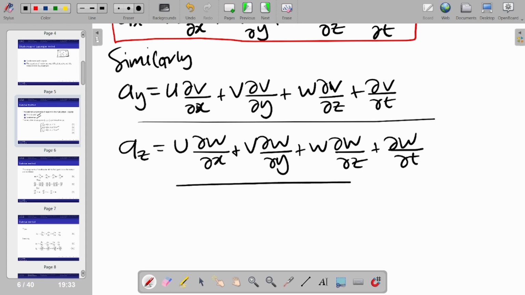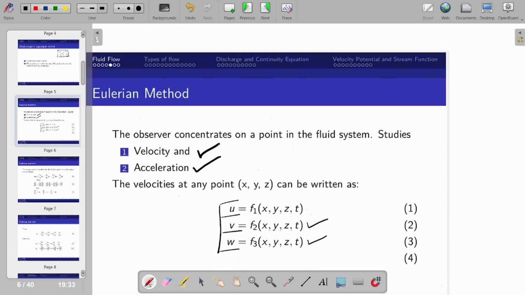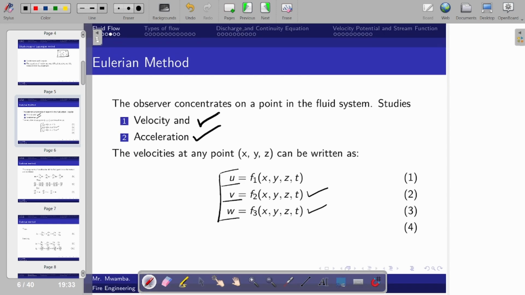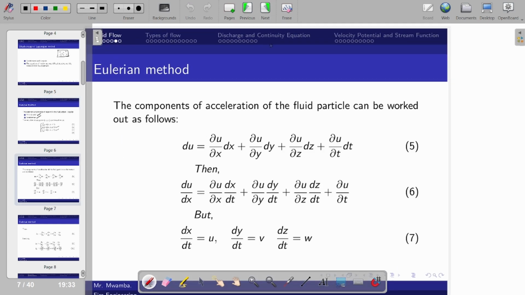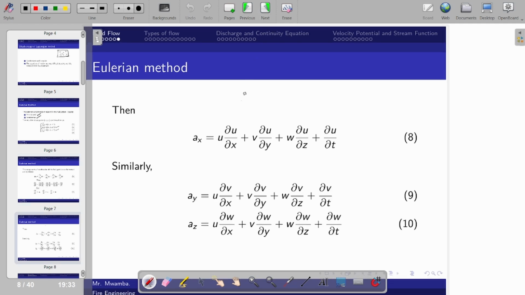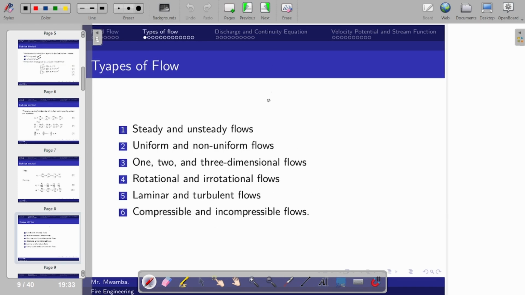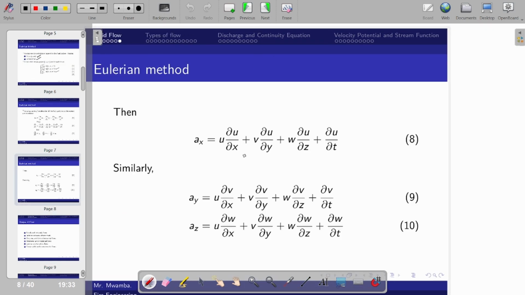You can also show that in a similar style. So this is what we have here. We found the velocity components, because I gave you these notes some time back. The acceleration components have been found like that. So we are done with the methods for describing fluid motion, the Lagrangian method and the Eulerian method.